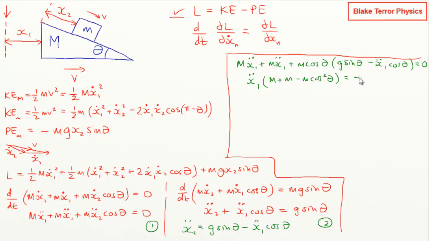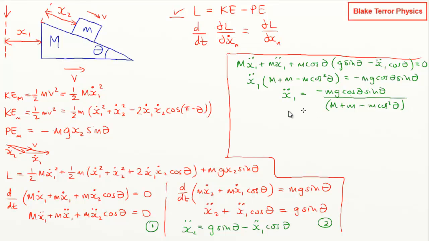So that's going to be minus mg cos theta sine theta. So we've now got, easily enough, an expression for the acceleration in the x1 direction. And that is equal to, well, all of this stuff, minus little mg cos theta sine theta divided by capital M plus little m minus little m cos squared theta.